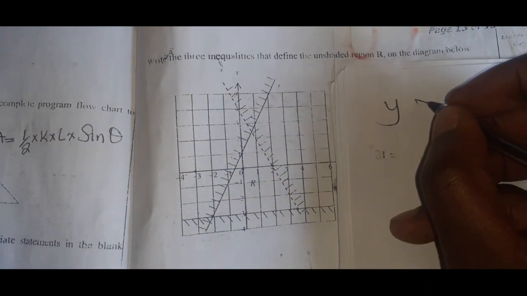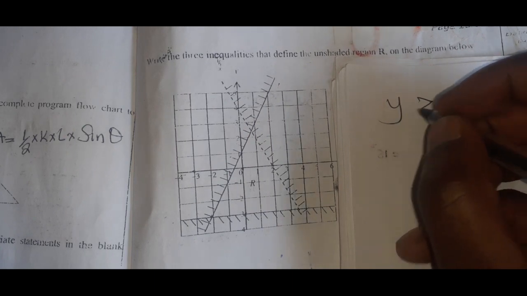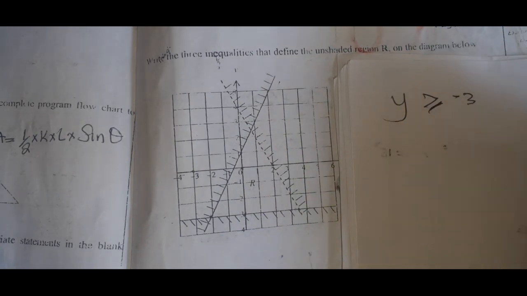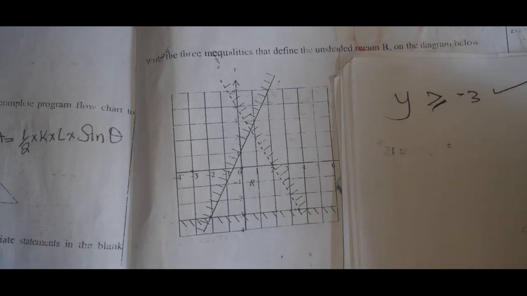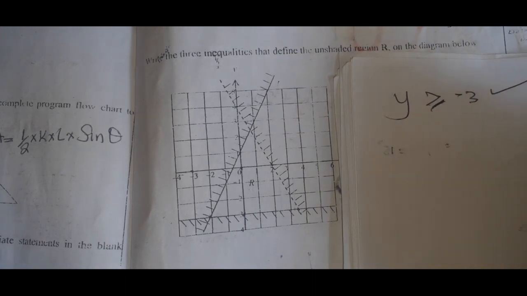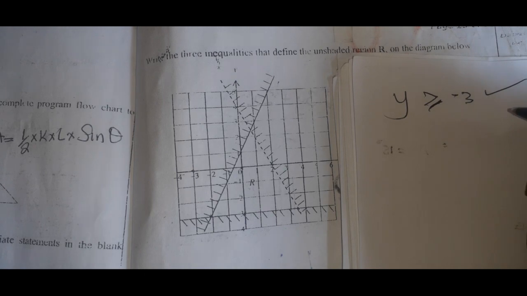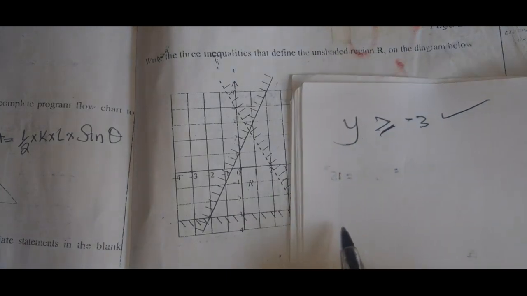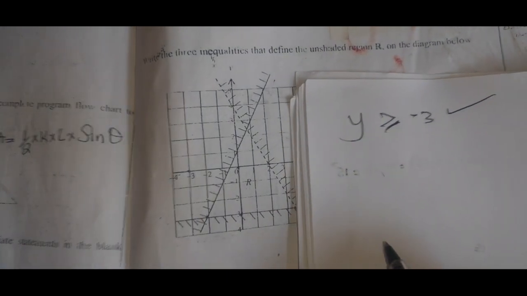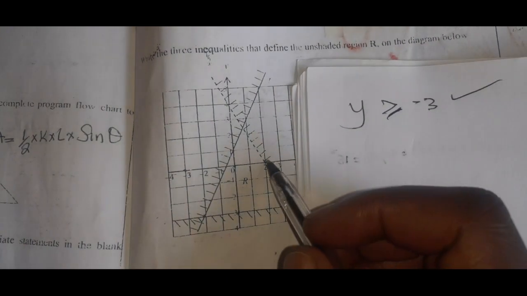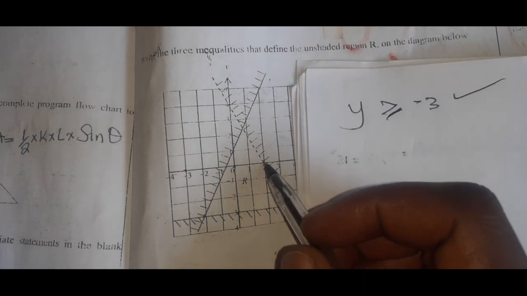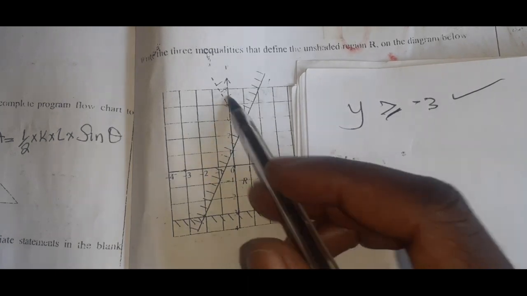So R is greater, y is greater than or equal to -3. This is one of those inequalities that we want. And the second one, we are going to pick 2 points along this line here.